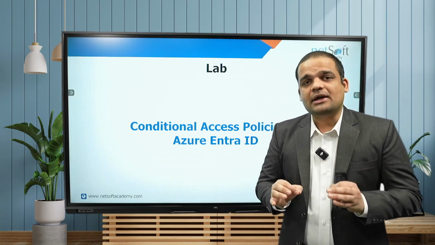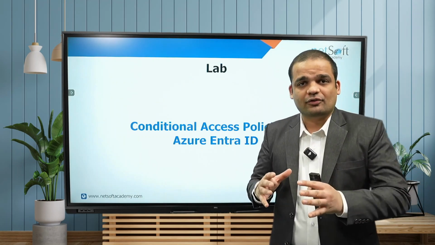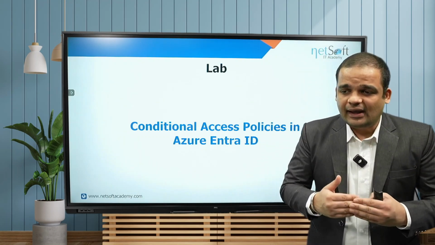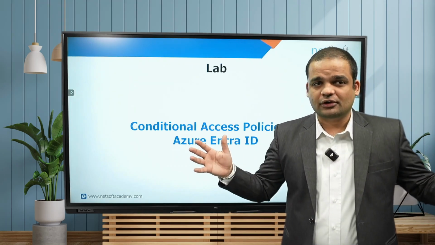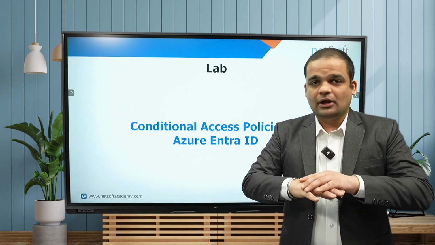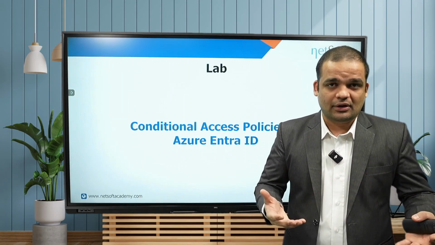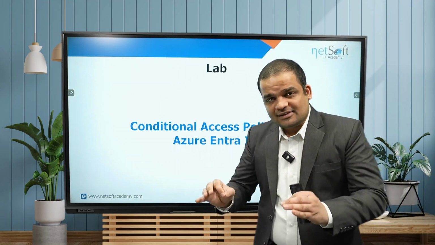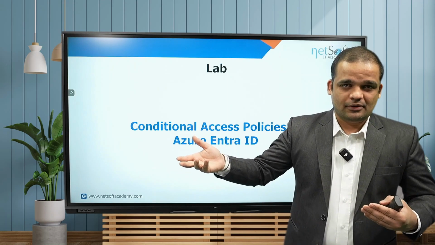Remember, applying conditional access policy on just one user and one resource might look very simple, but it can get somewhat complex if you have thousands of users across multiple geolocations and you have multiple resources to protect. But don't worry, the same principle of conditional access policy will be applied multiple times.